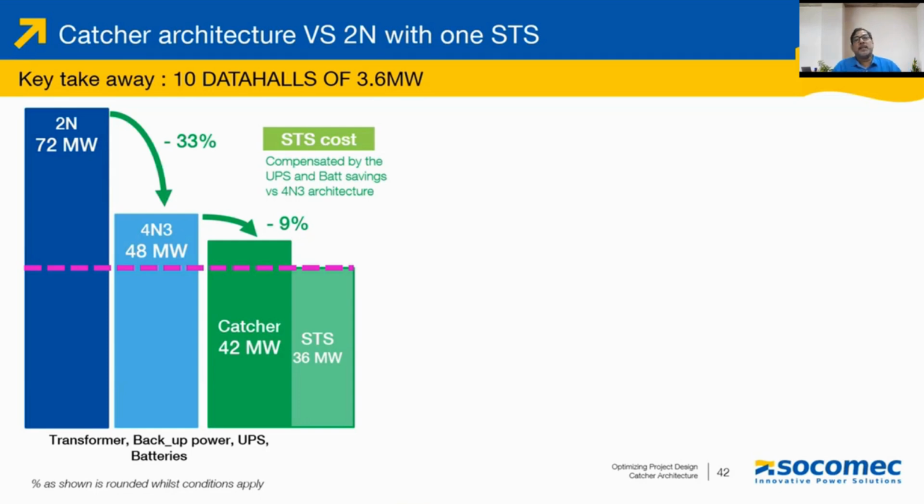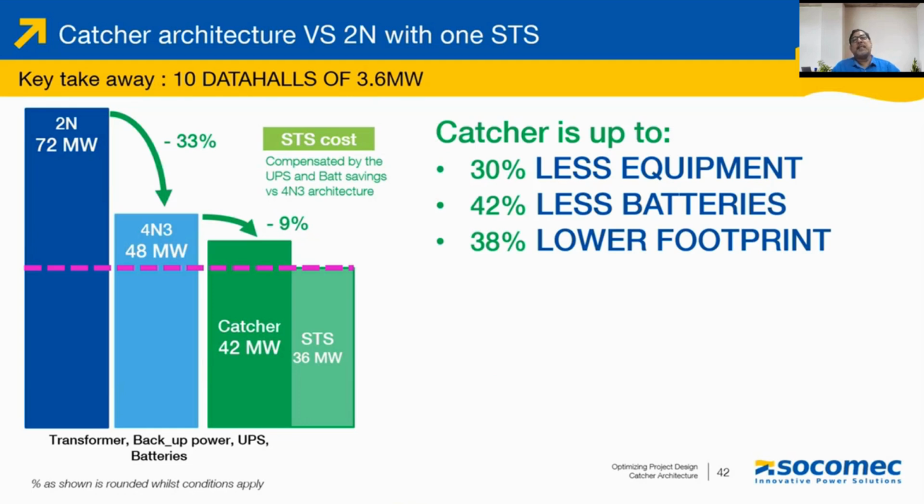So, as a quick comparison, you can say that with this catcher option, the equipment capacity required is around 30% less. Around the battery component, which is also a main concern when it comes to the OPEX part, there's a 42% reduction in the battery volumes required using a catcher architecture, and also almost 38% reduction in the overall footprint compared to the 2N architecture required for catcher.